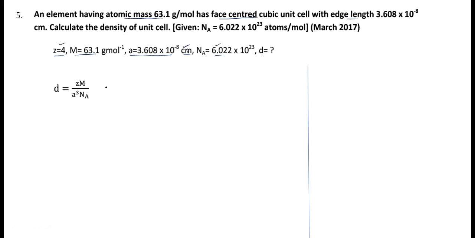We'll substitute the values here. Z is 4, the mass of the substance is 63.1 gram per mole, and a cube is 3.608 into 10 to the power of minus 8 whole cube, into Avogadro number 6.022 into 10 to the power of 23.